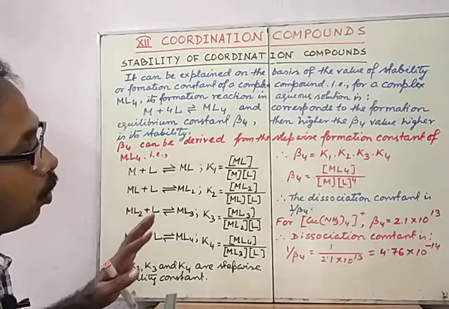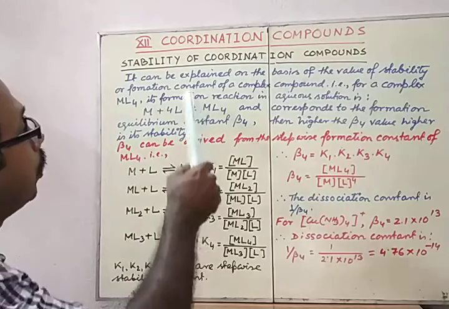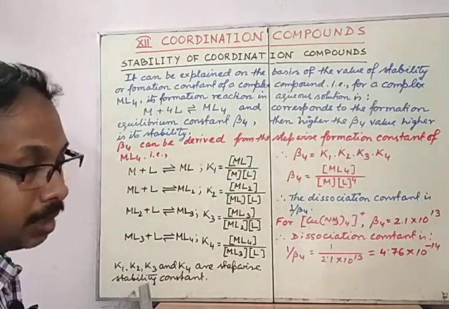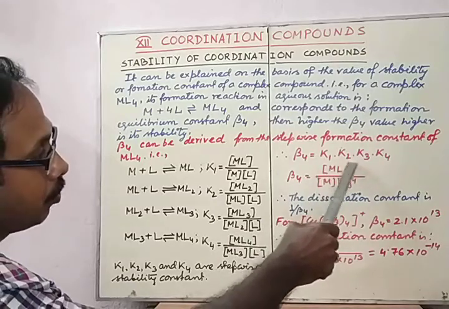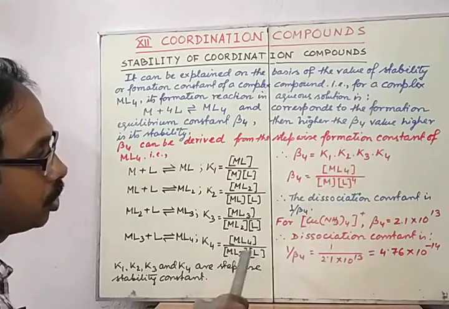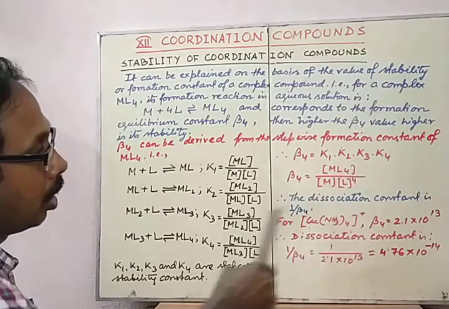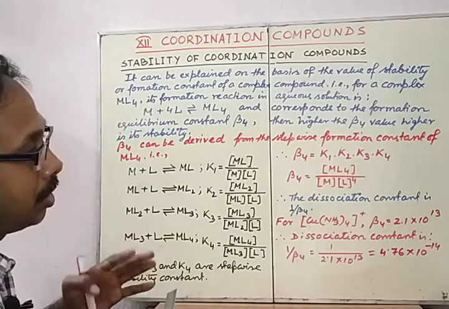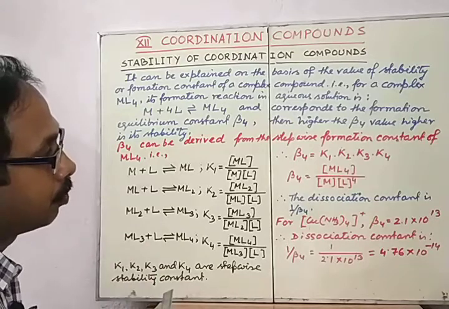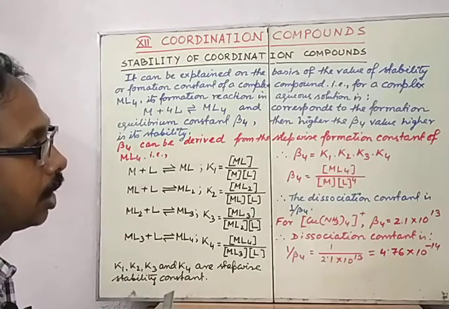Now overall, for the stability of a complex compound, we can say that the higher the value of beta 4, the higher the concentration of this compound in the aqueous solution formed from the metal and the ligand, and the higher the ability of formation of the complex.